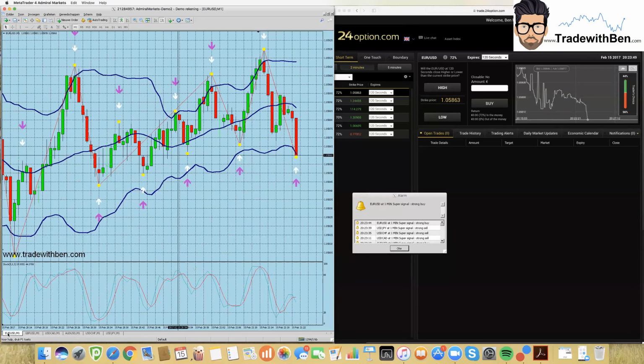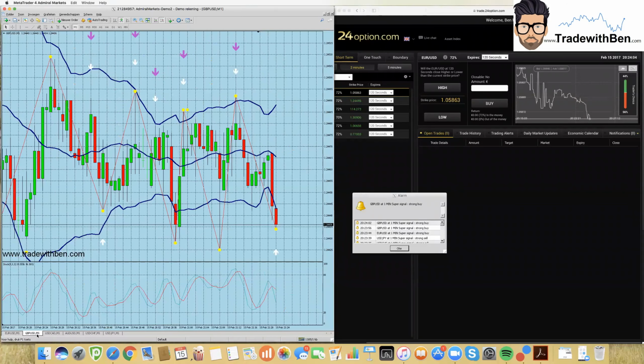Euro USD. Look at how beautiful. 1, 2, 3, 4. Just in. I love to see the symmetry of this over here. This is all great, but it's not a perfect setup. And that's actually the problem.